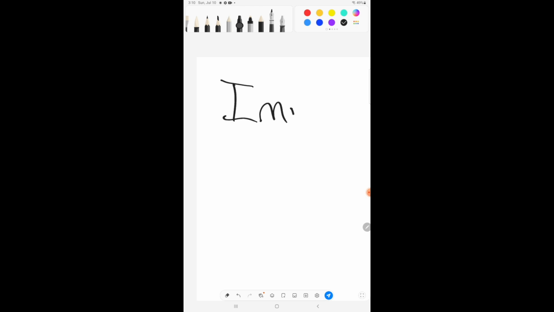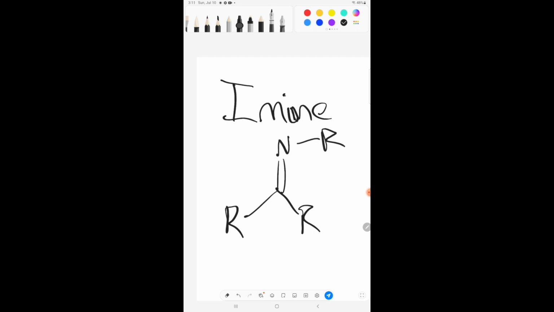An imine, there's an I here. An imine, R group, double bonded nitrogen, and another R group, and it has its lone pair of electrons, which you can just draw as that, right?